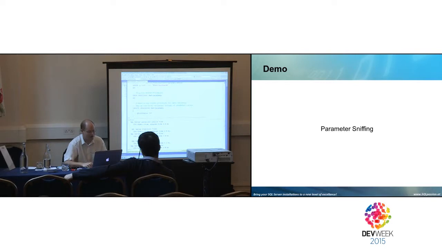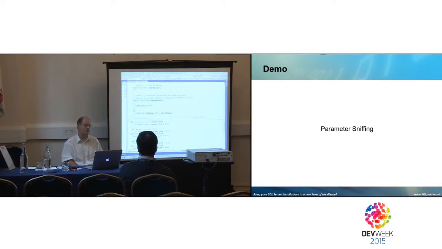One thing that you can do is the following. You use local variables. So we have the input parameter value, and we assign that input parameter value to a local variable, and then in our select statement we just reference that local variable.